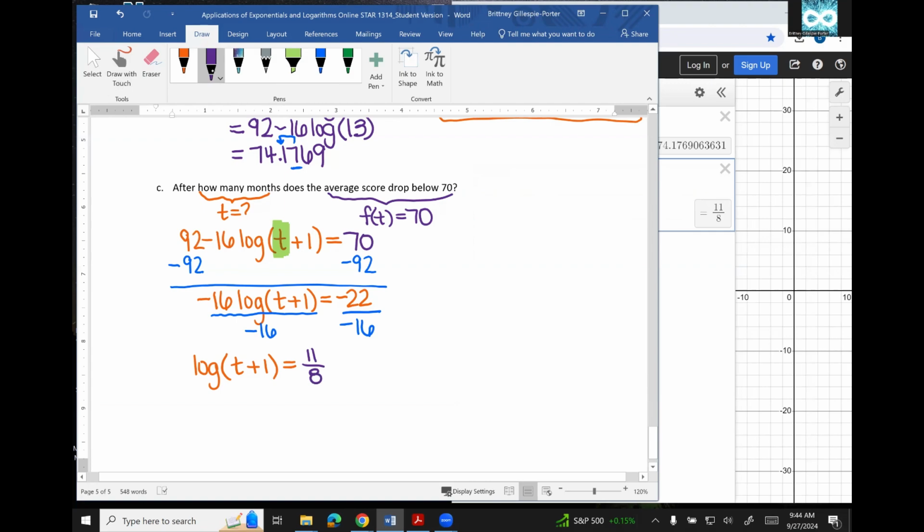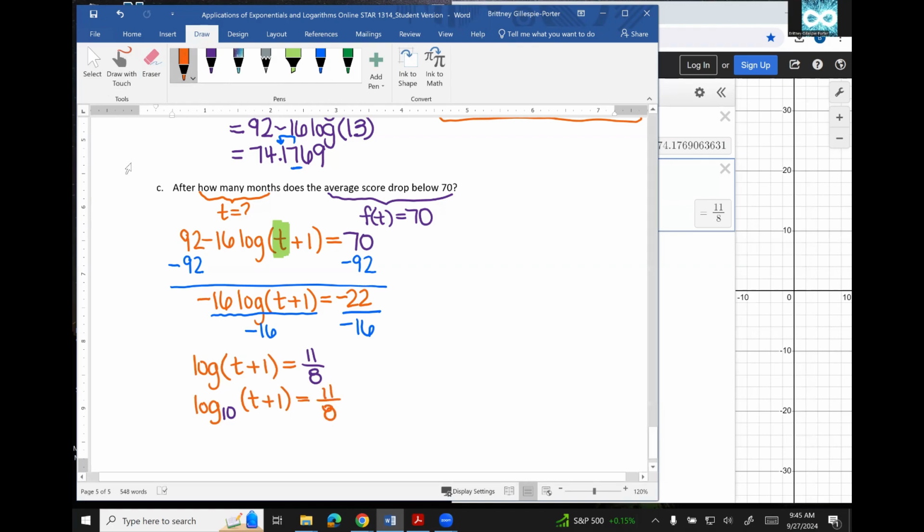Now we have a log equation, because we see the word log, equal to a number. So we're going to use our exponential properties to rewrite our equation and get rid of the log. Remember that common log, or log without a base written, not natural log, winds up being log base 10. So we have log base 10 of t plus 1 equal to 11 over 8.